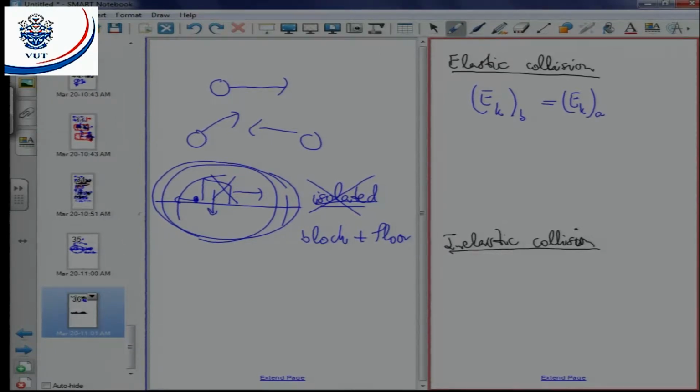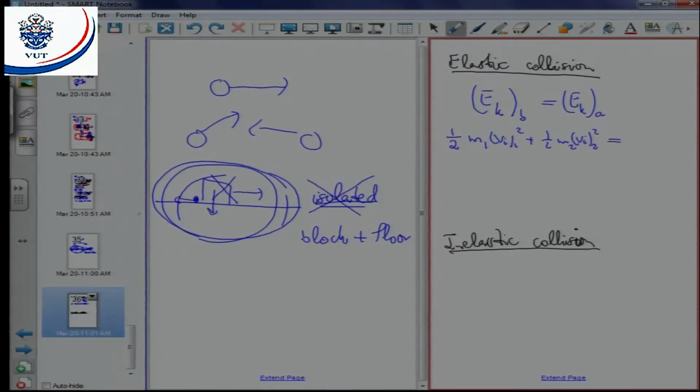This will depend on the number of particles, but in most cases you would have two. If you have two particles, the kinetic energy before is 1/2 the mass of particle 1 multiplied by the initial speed of particle 1 squared, plus 1/2 the mass of particle 2 times the initial speed of particle 2 squared.